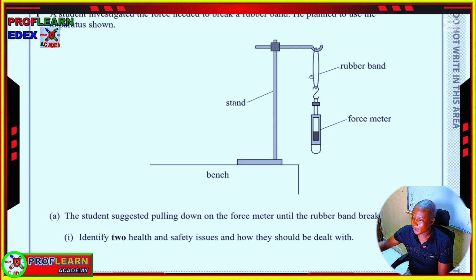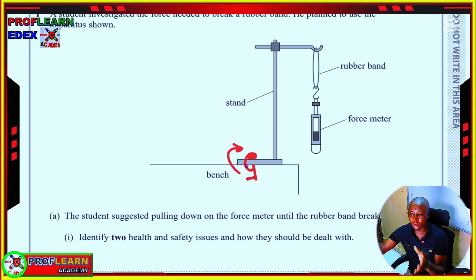Also, something else we need to notice is that if you are pulling this force meter down, there's likelihood of this particular stand toppling. So we can use a G-clamp to fix this particular section here so that it does not topple or overturn.